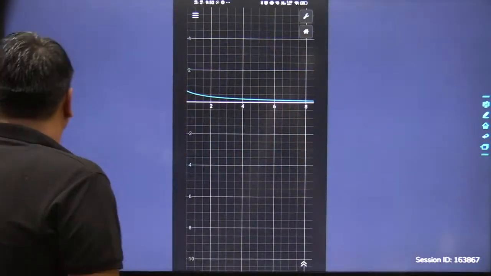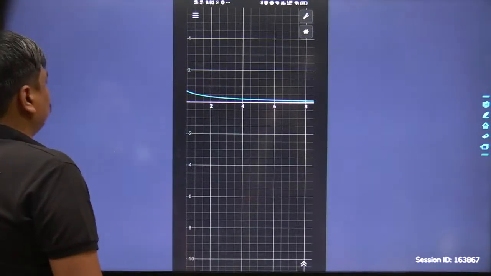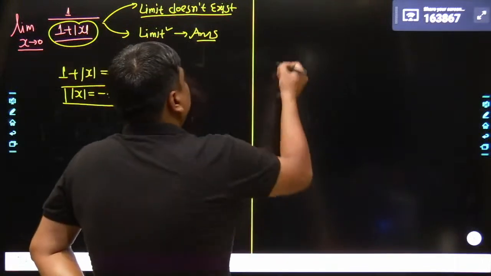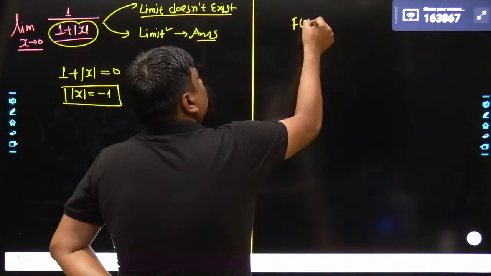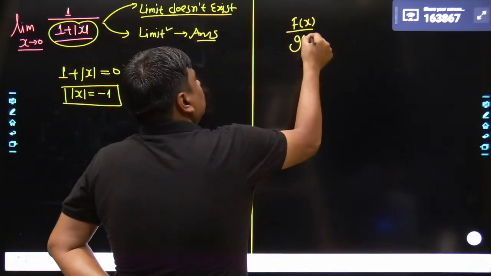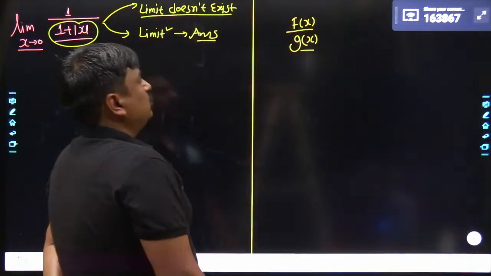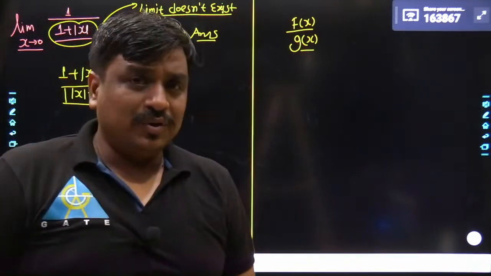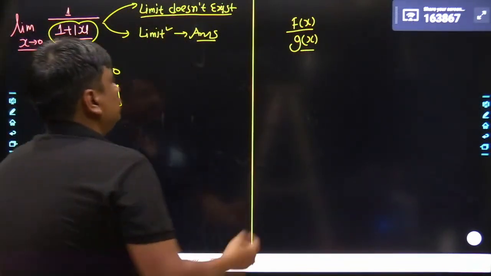So at the end of the day, the conclusion we are going to draw is this. If you have the ratio of two different functions, let's take the function in the numerator as f of x, and similarly the function in the denominator as g of x.